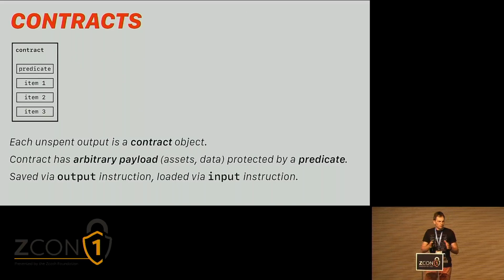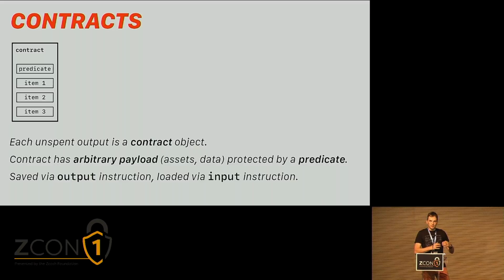So we talked about how you can do the changes to the asset flow, but how do we authorize these changes? So we have this concept of contracts, where the contract is an object that has an arbitrary payload, like one or two or more items, and these items could be either values or parameters. So this is a flexible model to lock up more interesting state machines.